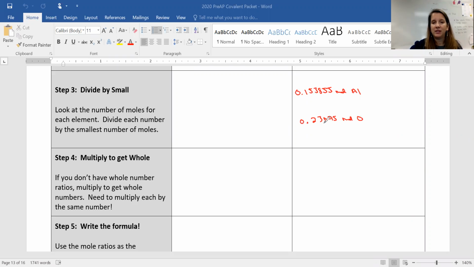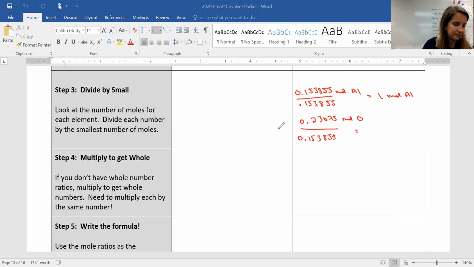So we're going to divide both of these by small, which means we're going to divide both of these by that 0.153855 number. So we're going to get 1 mole of aluminum. We're going to divide this by 0.153855, and we're going to get 1.5 moles of oxygen.